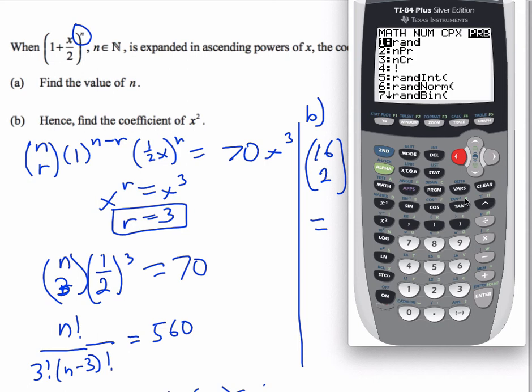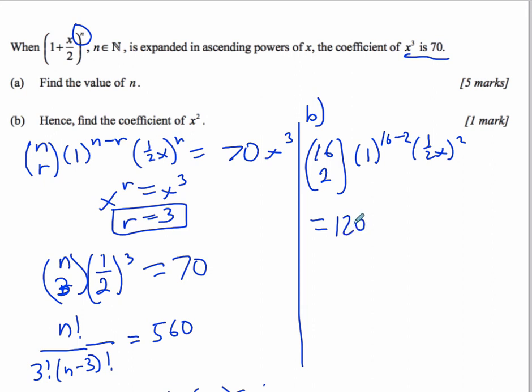Math, probability number 3. So I'll go back here, 16. Oops, I've got to do that again. 16 choose 2 is 120. So that's 120, and this here, half to the power of 2, is a quarter. So it's 120 divided by 4, which is 30.